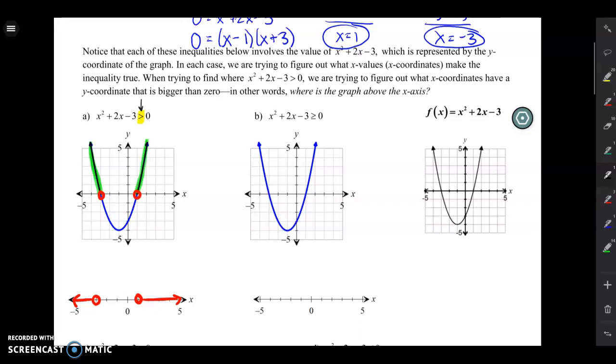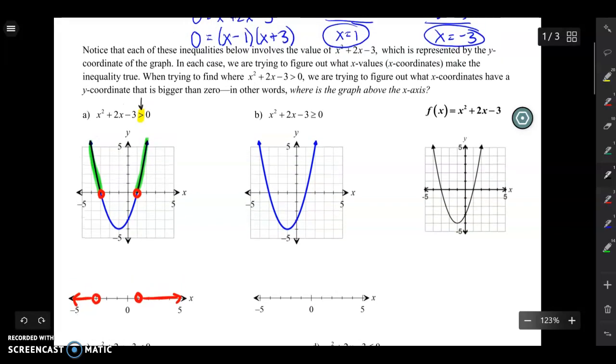Okay. So the final step to this problem is that I want to write my answer in interval notation, which means I also want to have a numeric representation of this number line. And the way I do that is I basically look at each of those red chunks that I drew on my number line, and I'm going to write kind of like a domain for them.